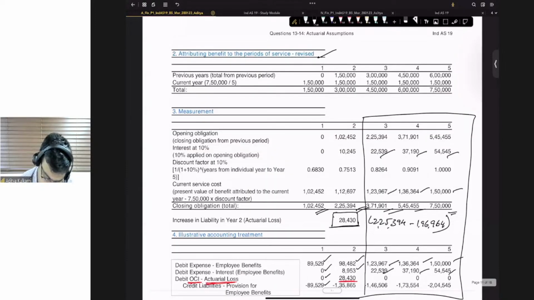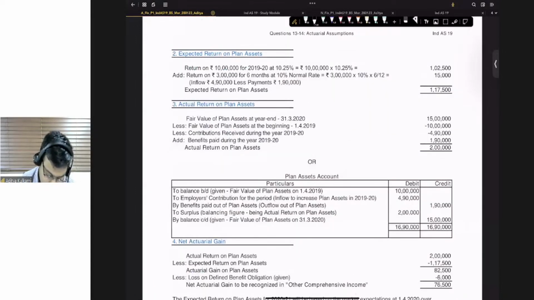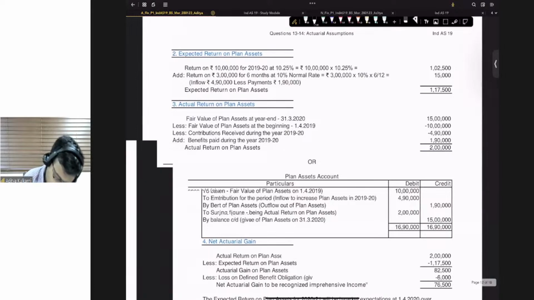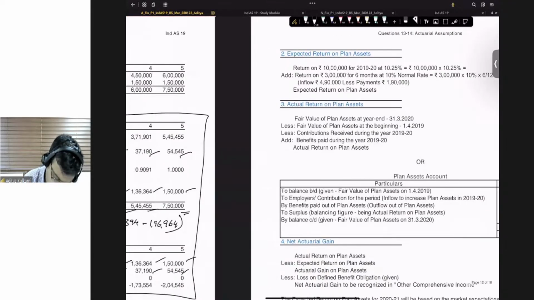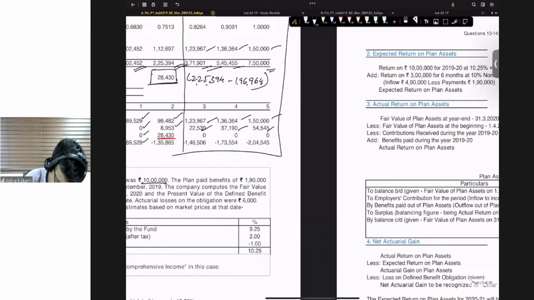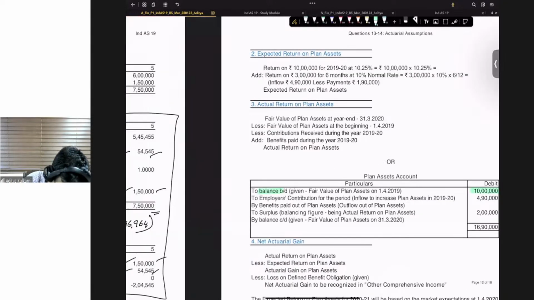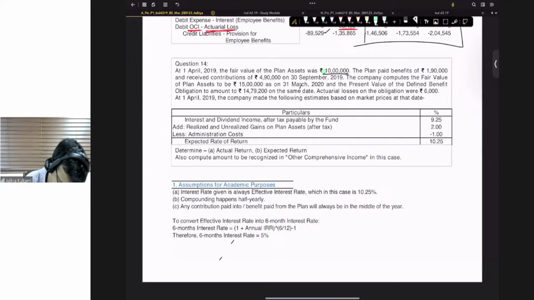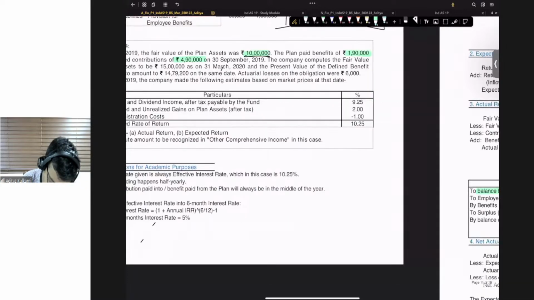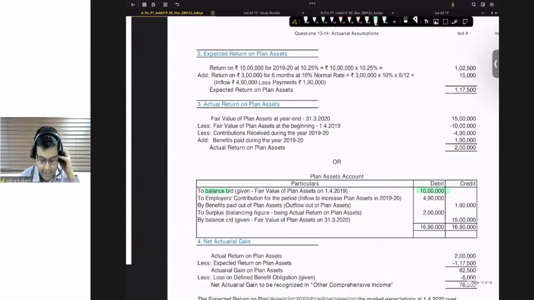Let us just start working. First is the actual return. Opening balance 10 lakhs. So here I am having opening balance 10 lakhs, balance brought forward. Then I am having payment of benefits 1 lakh 90, receipt of contribution 4 lakh 90. So employer's contribution increasing, 4 lakh 90.